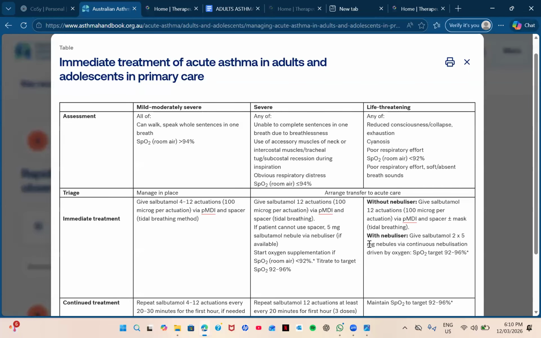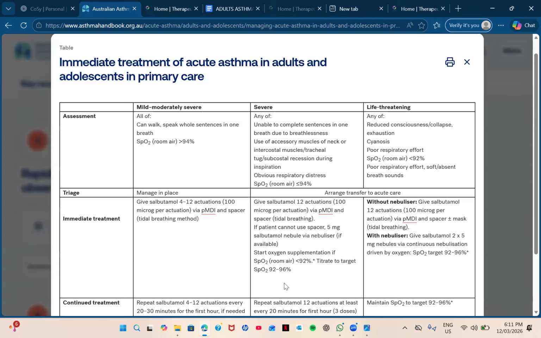You have to admit these patients to acute care. And then give salbutamol, 12 actuations via PMDI and spacer. If the patient cannot use a spacer, 5 milligrams salbutamol nebulized via nebulizer, right? And then start oxygen supplementation if SpO2 is less than 92, right?